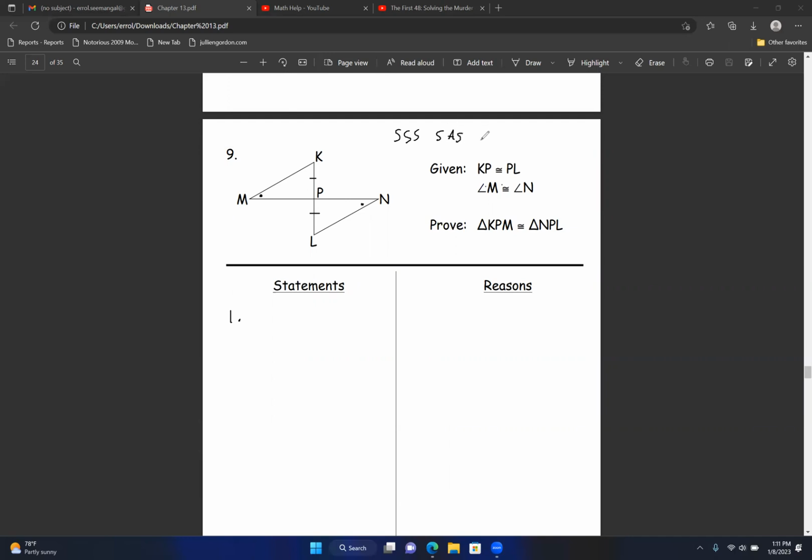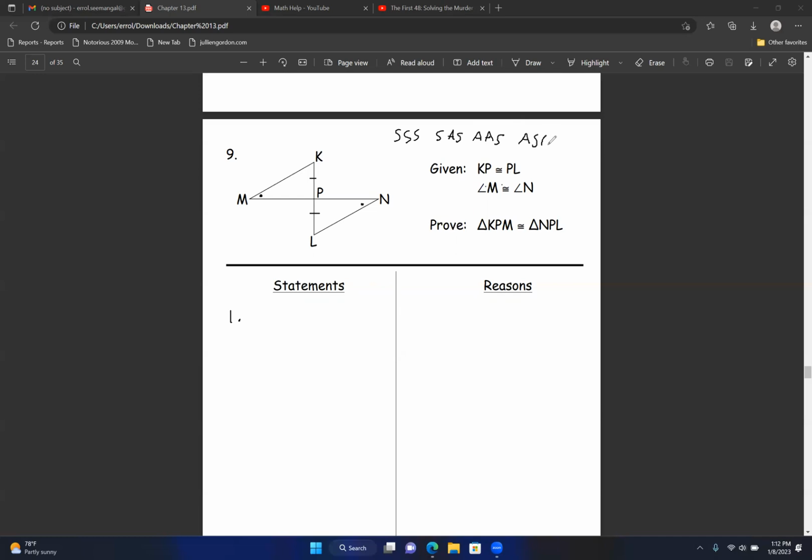SAS. What are the other two? Angle, side. What's the other one? ASA.